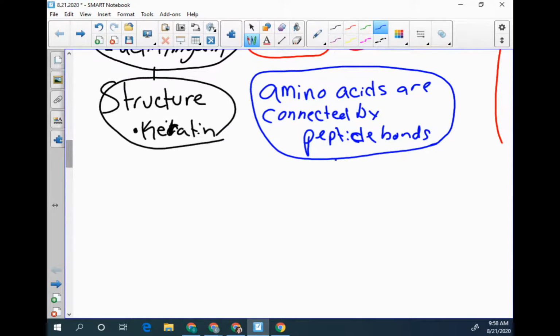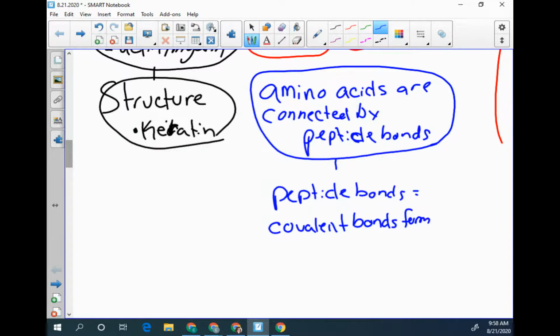Now, peptide bonds are just covalent bonds formed through dehydration reactions between amino acids.